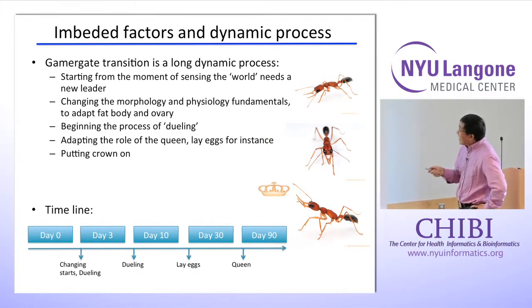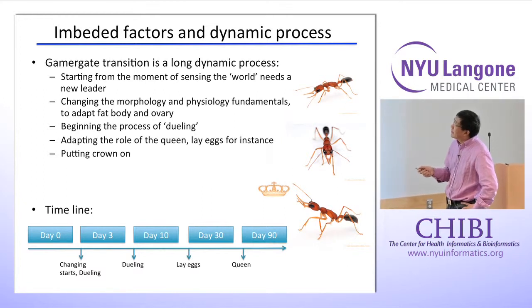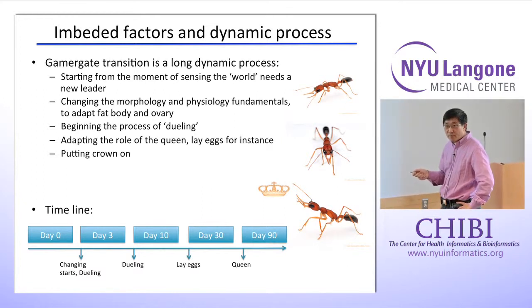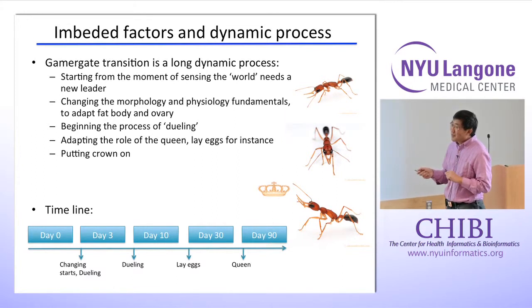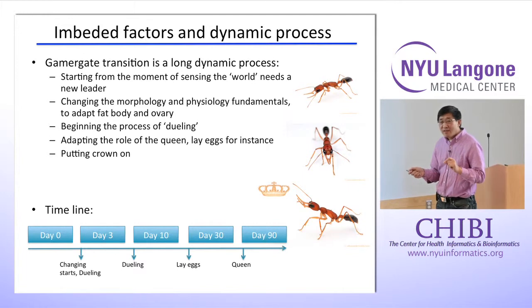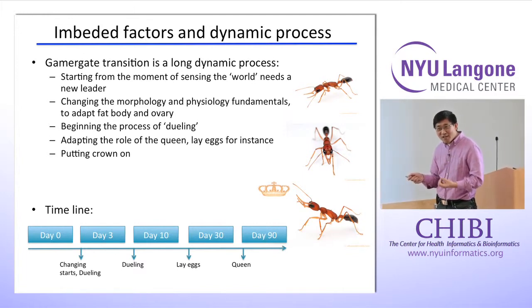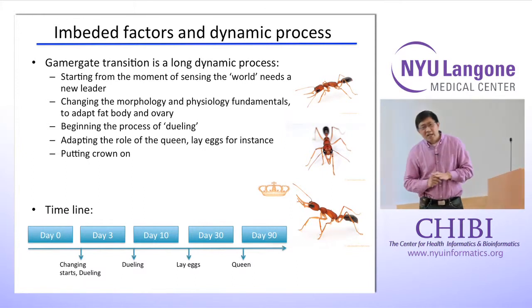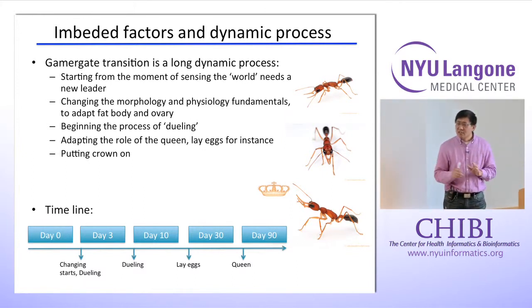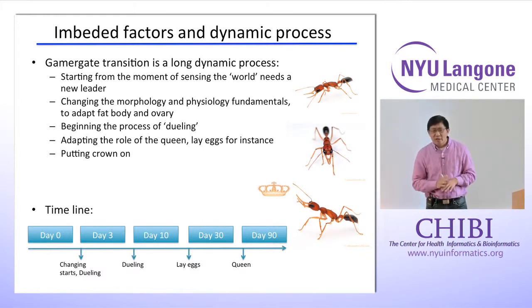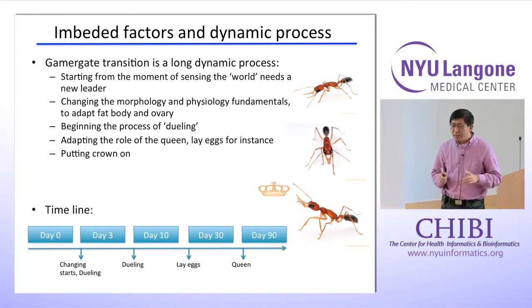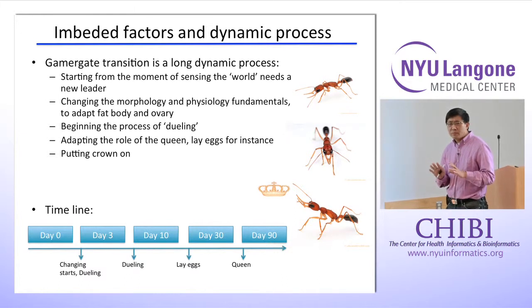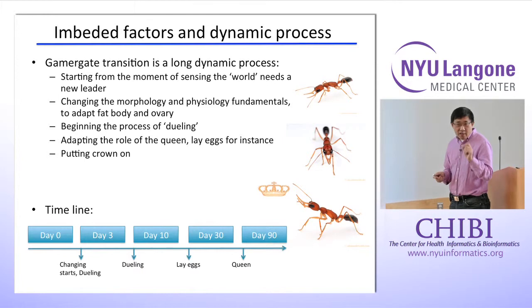But this ant species, called Harpegnathos saltator, is a very special species. When the queen dies or is intentionally removed from the colony, the workers will become very active. They will fight and duel together, and all those types of behavior will come up. Eventually, they will get one winner.